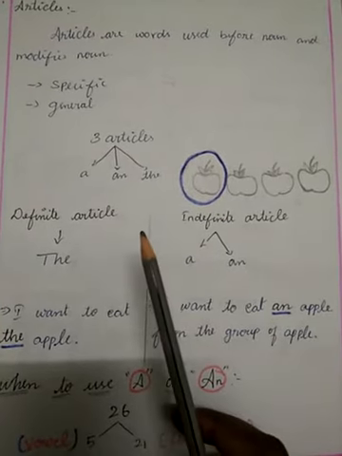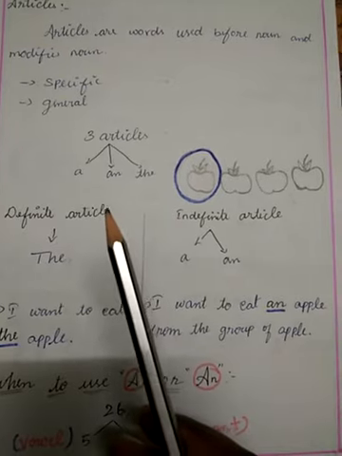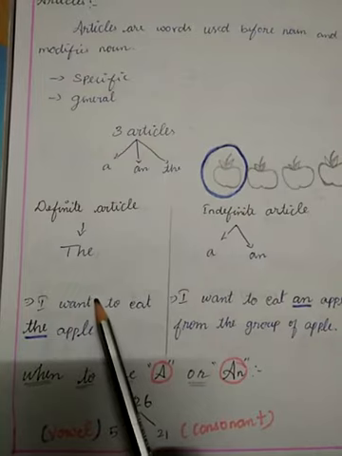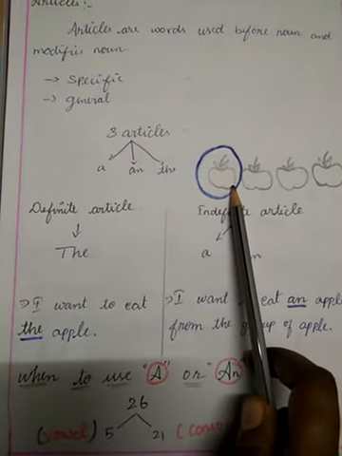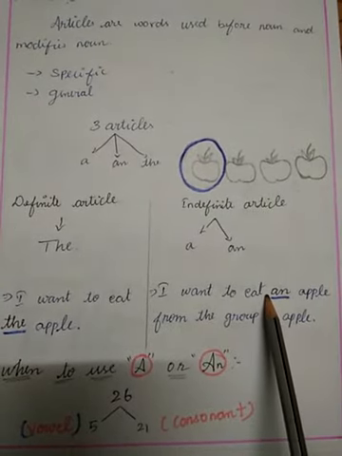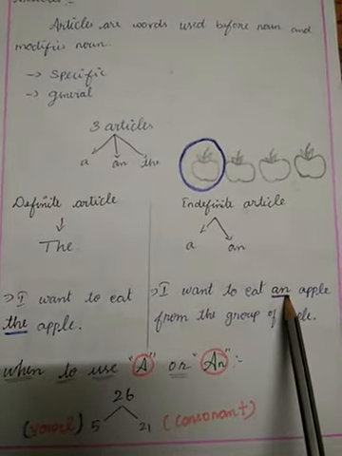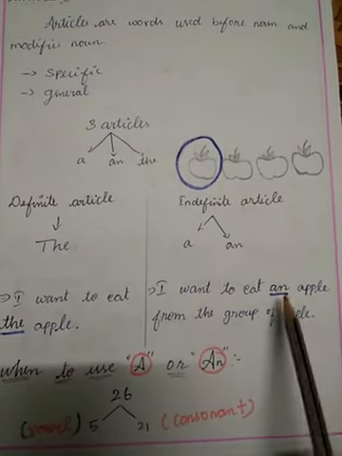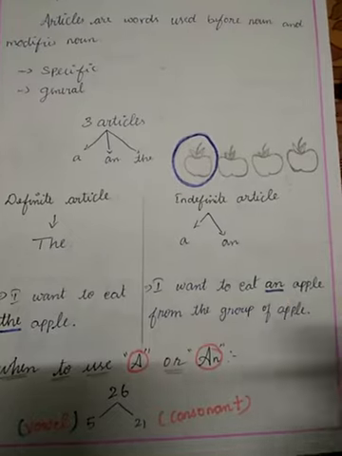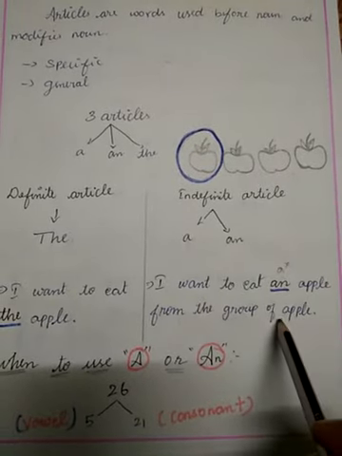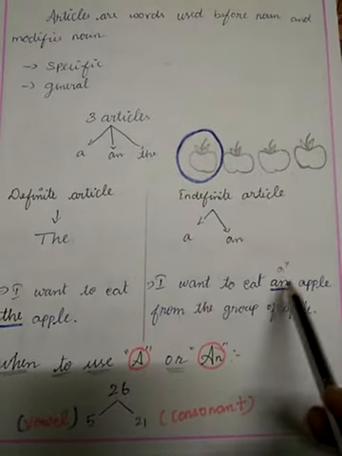You can notice here that we have used the for pointing out a specific apple and an for a generalized apple. You can also notice that we have used an and not a for pointing to an apple in general context.